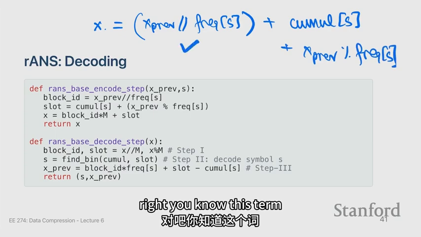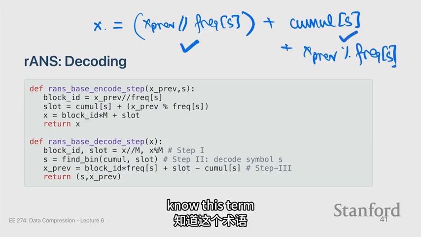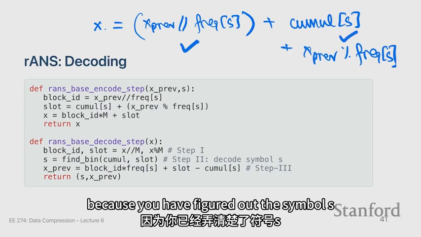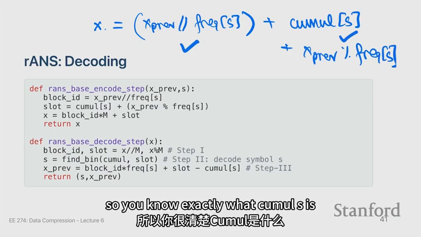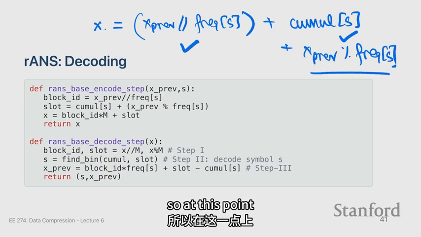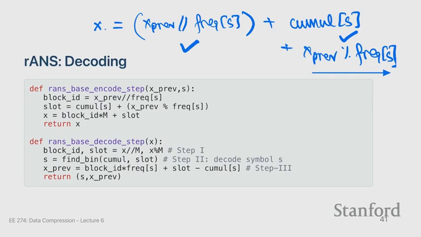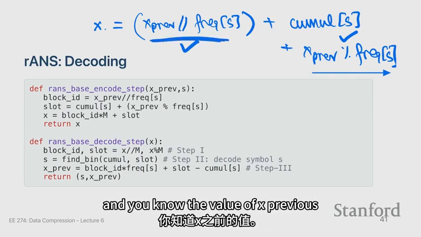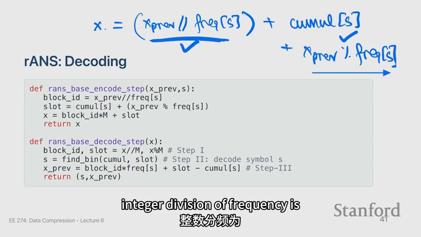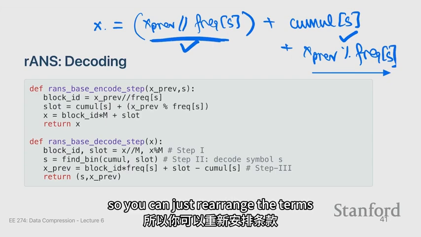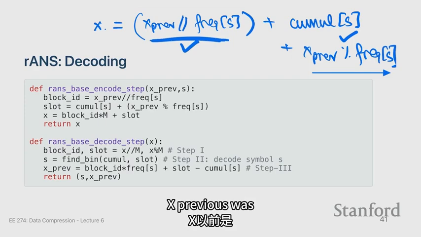You know this term because you have figured out the symbol S, so you know exactly what cumul S is. So at this point, you know the value of X previous modulus frequency S, and you know the value of X previous integer division of frequency S. So you can just rearrange the terms to figure out what your X previous was.